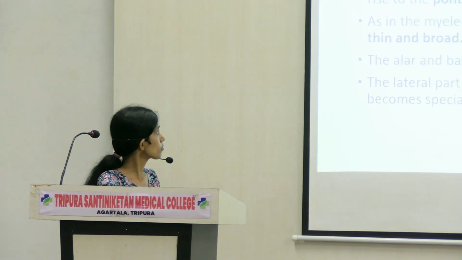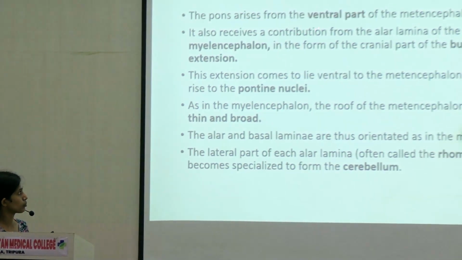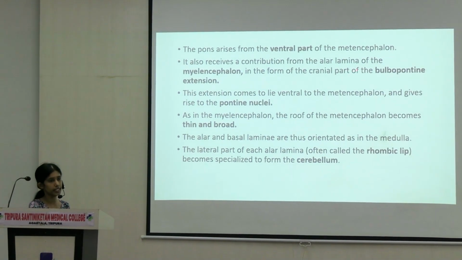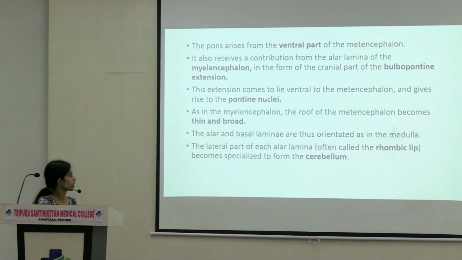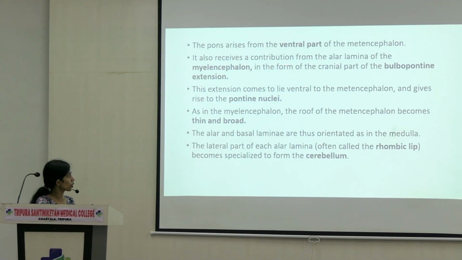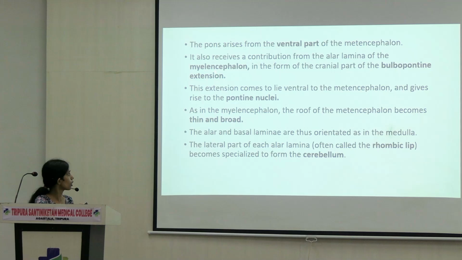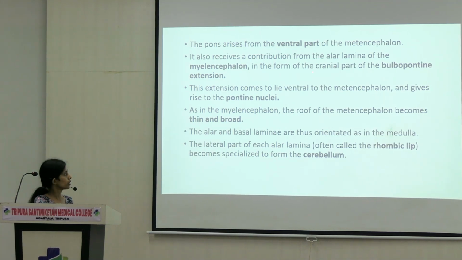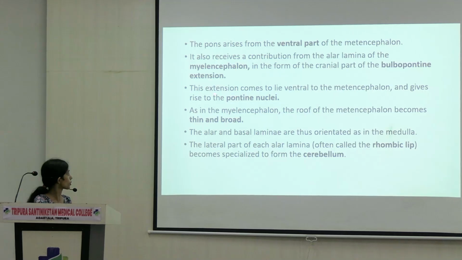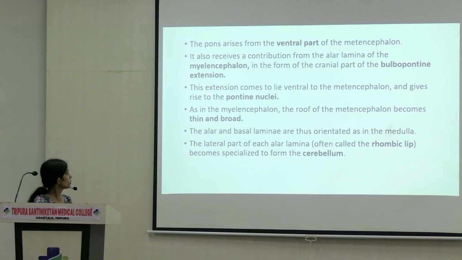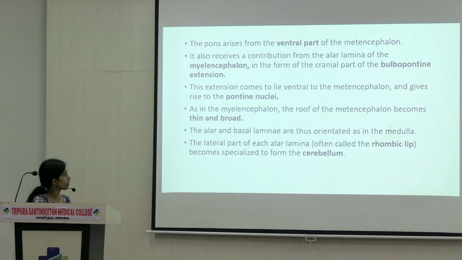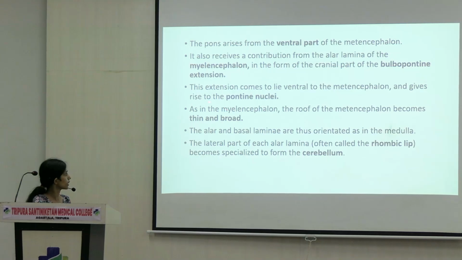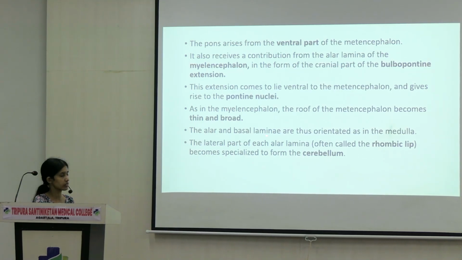Okay. The pons arises from the ventral part of the metencephalon, the brain vesicle part. It also receives a contribution from the alar lamina of the myelencephalon in the form of the cranial part of the bulbopontine expansion or extension. This extension comes to lie ventral to the metencephalon and gives rise to the pontine nucleus.